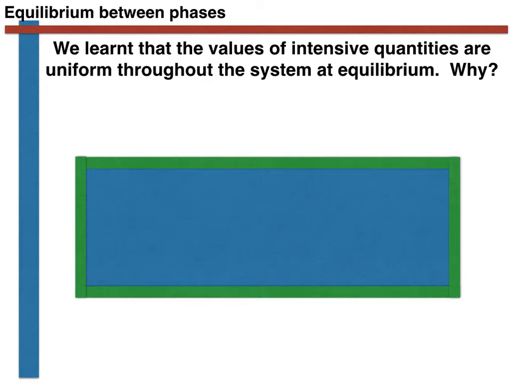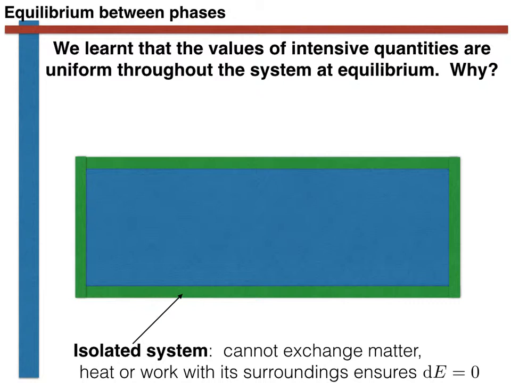The first thing we have to reason in doing this is that the entire two-phase system is going to be isolated, so that it cannot exchange matter, heat, or work with its surroundings. We are now going to suppose that within the system we have two phases, phase 1 and phase 2 as shown here.